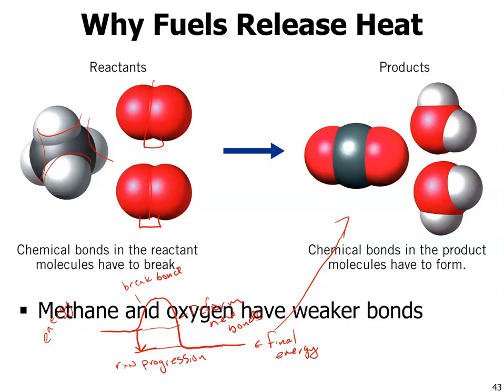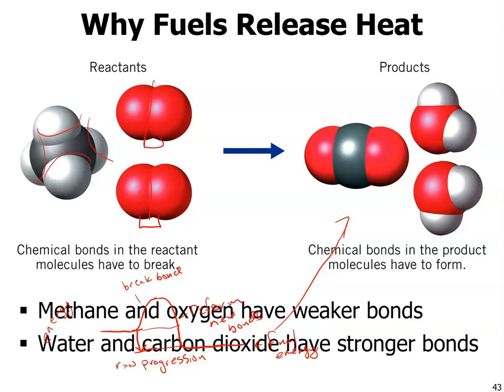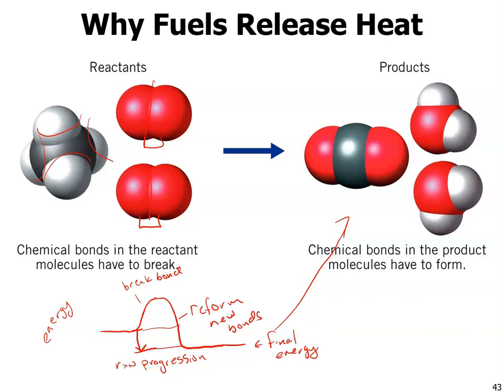The methane and oxygen have weaker bonds, and the carbon dioxide and the water have much stronger bonds. So those weaker and stronger bonds give us a more stable compound, and that overall chemical reaction forms a lower, more stable compound, but released heat during this process.